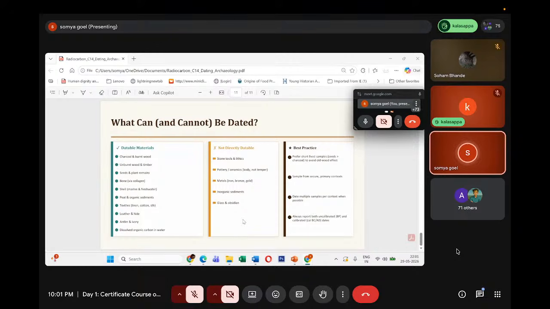We sometimes find charred grains inside potsherds, so that can be dated, but not the pottery itself, not the stone tools itself. We cannot date metals, any inorganic sediment, or any glass or obsidian material as well. As I said, we need organic material for this particular dating technique. For these we have other scientific methods of dating.